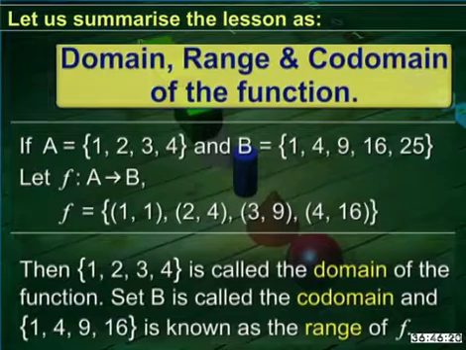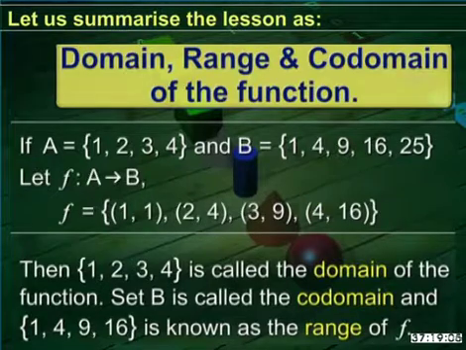Here, if set A contains elements 1, 2, 3, 4 and set B contains elements 1, 4, 9, 16 and 25, let f be a function from set A to B and f is the set of ordered pairs of A cross B, that is f is the set of ordered pairs (1, 1), (2, 4), (3, 9) and (4, 16).